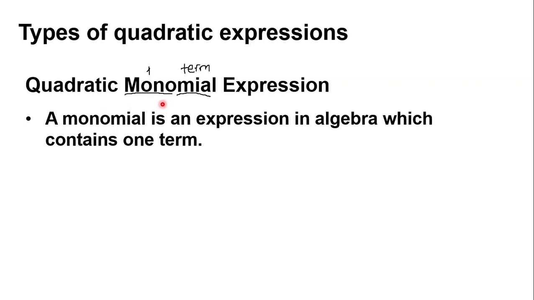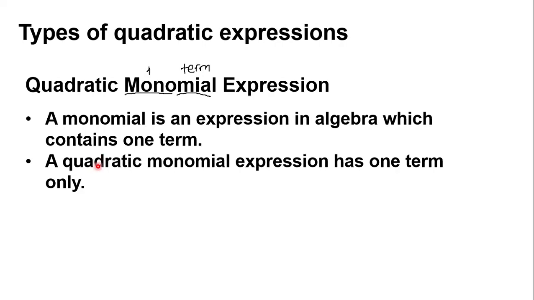So a quadratic monomial expression is one that contains only one term. It has one term only. Mono means one.